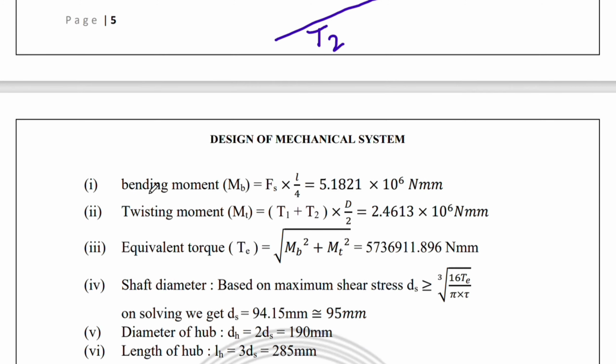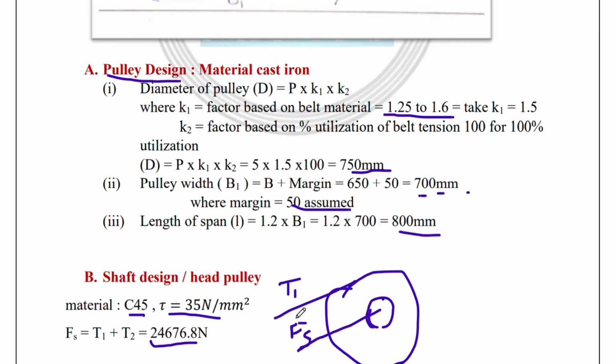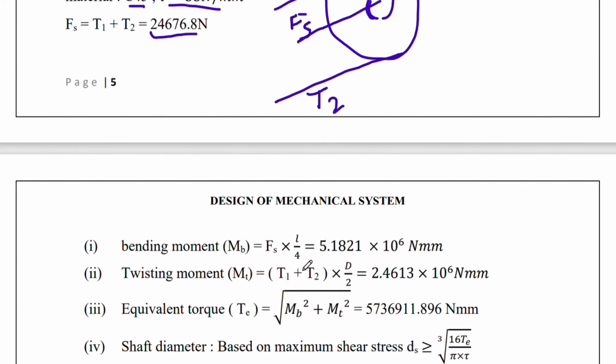Next we will find the bending moment. Bending moment MB is equal to Fs into L by 4. Fs we got here, which is 24,676.8. Small l will be the length of span which we found here, which is 800 mm. Put the values, we get the bending moment, which will be 5.1821 into 10 raised to 6 Newton mm.